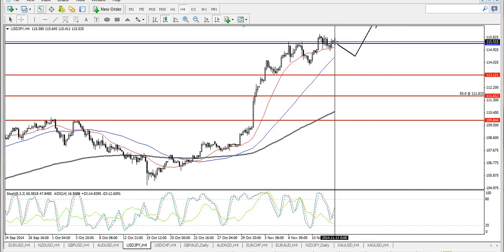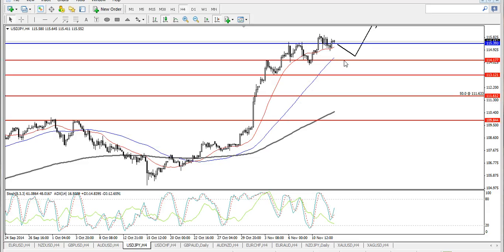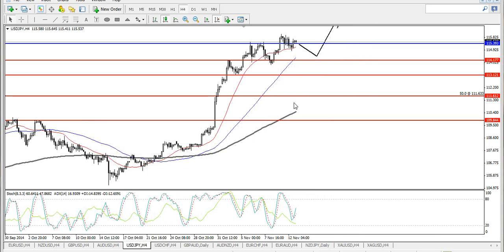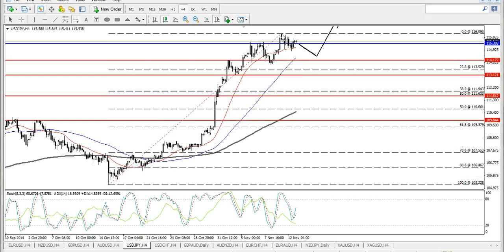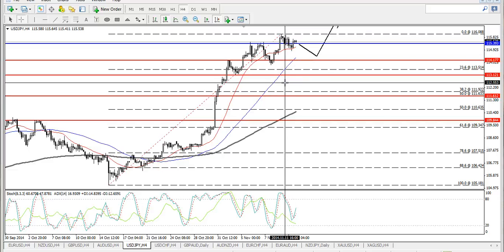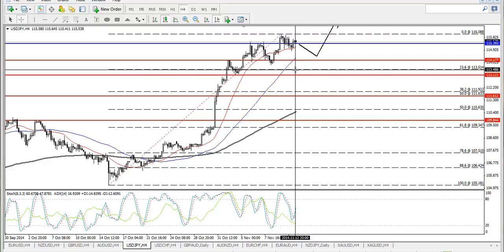Hopefully after the consolidation it comes down a little bit further and touches probably the support level of 114.17, and maybe we can also plot a Fibonacci retracement over here. The first level is the 23.6% retracement level at price of 113.12. Alright, so that's pretty much for the dollar against the yen.